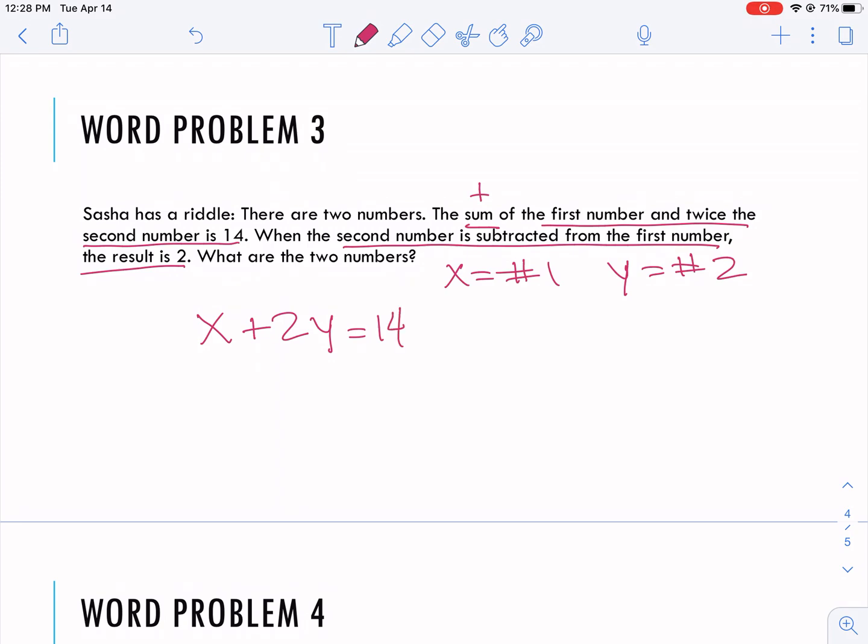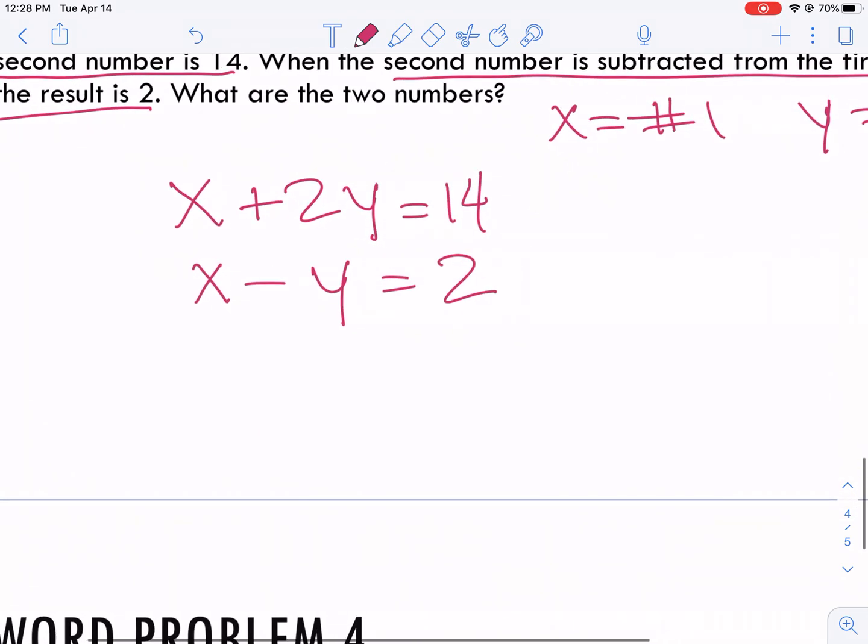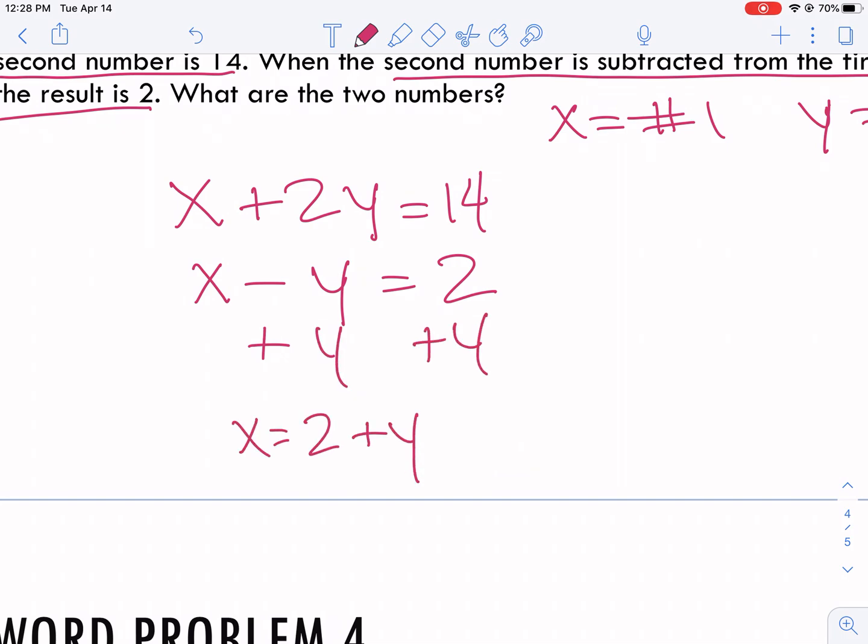And then when the second number is subtracted from the first number, so if I do x minus y, the result is 2. So if I look at this here, elimination or substitution, let's do substitution again, are going to be either methods that we can use. So now everywhere I see x, we replace it with that.